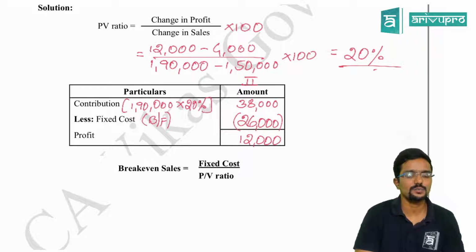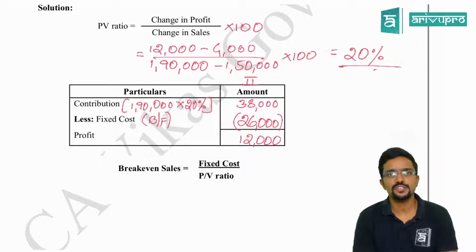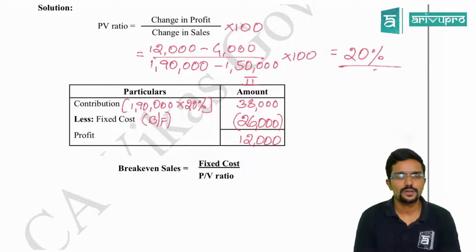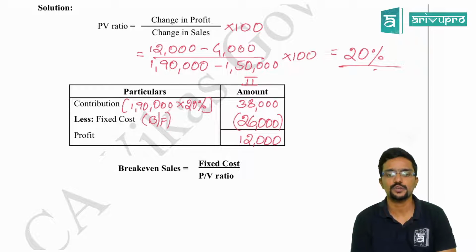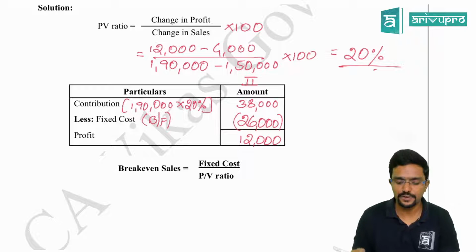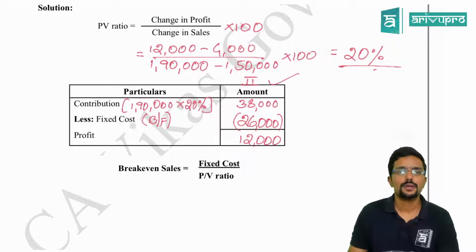Sir, repeat the contribution calculation. Contribution is nothing but sales minus variable cost. So my PV ratio is 20%. Can I calculate contribution directly? Yes. Sales into my PV ratio is my contribution. I am doing this calculation for period 2. For period 2, the sales is 1,90,000 into PV ratio.